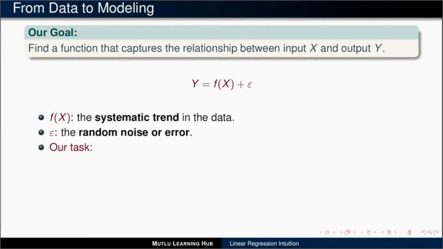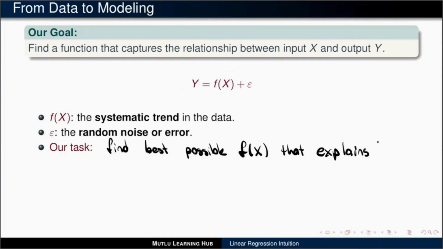We can represent this relationship with the equation. Here, f(x) is the systematic trend in the data, epsilon is the random noise or error, and our task is to find the best possible f that explains y.